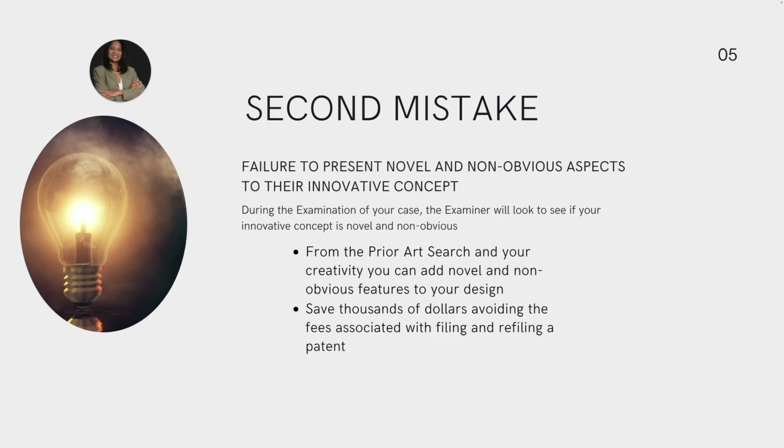So you have to think again, go back to the drawing board, think about what you can change, what you can add to your design that would take you over and above, that would distinguish your innovative concept from all others. That's novelty. That's non-obviousness.